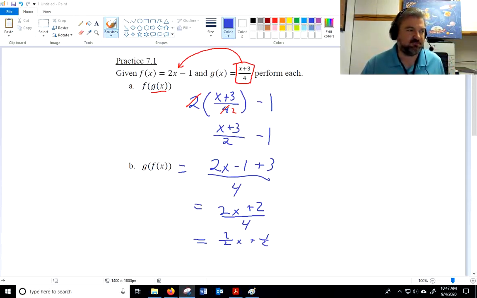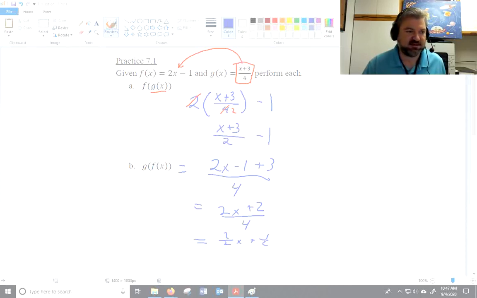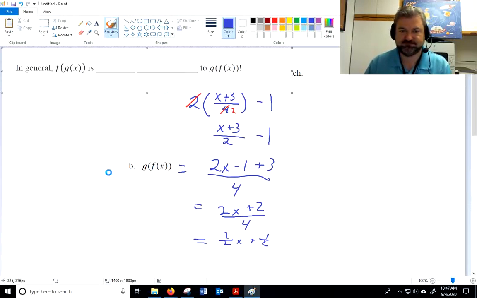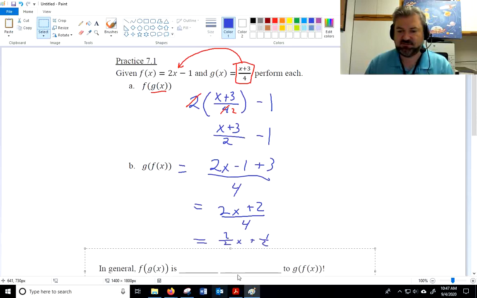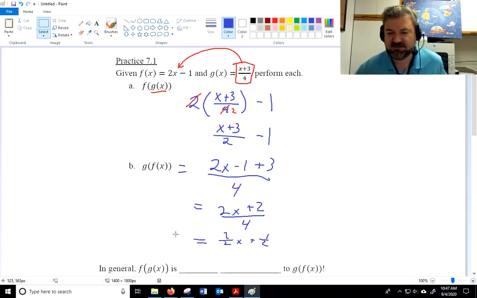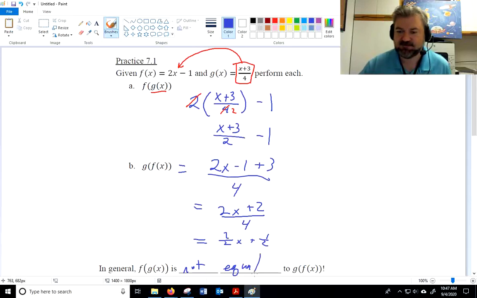One thing I want to point out is that in general, f of g of x is definitely not equal to g of f of x. It can be equal to it, but it's just not in general. And interestingly enough, you'll find that these two equations actually are the same.